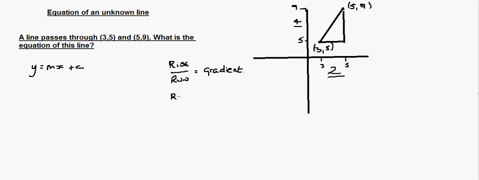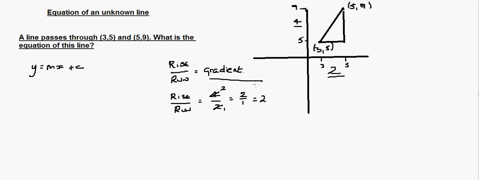So we have rise over run. Now my rise I know is 4 and my run is 2. Now this can be cancelled down. 2's into 2 goes once, 2's into 4 goes twice. So I get 2 over 1, which gives me 2.